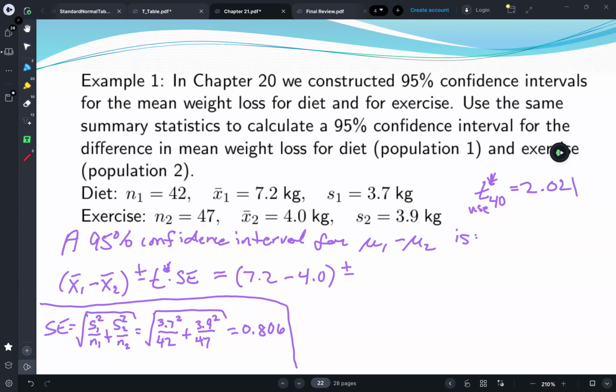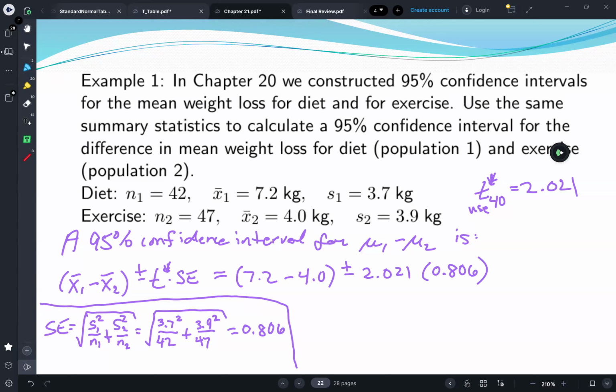That's the T we're going to use, 2.021. And then times our SE, which we already have: 0.806. Try to carry at least that many. I've rounded because it really went into 0.595 or something, so carry at least three decimals for your intermediate steps.